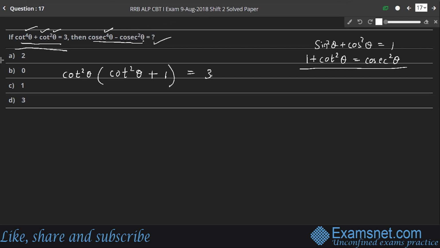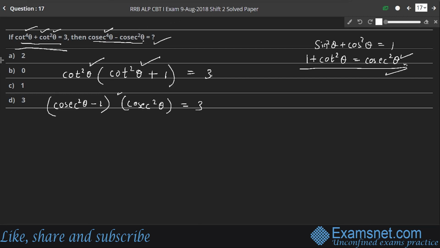Cot square theta can be expressed in terms of cosecant square theta: cot square theta is cosecant square theta minus 1. And the ready-made value of 1 plus cot square theta is cosecant square theta. So we'll write cosecant square theta is equal to 3.